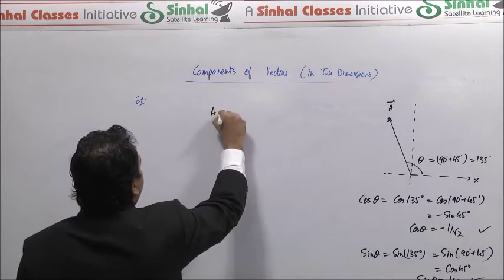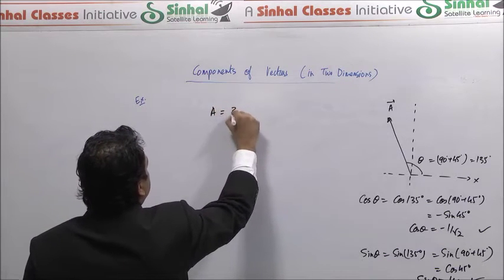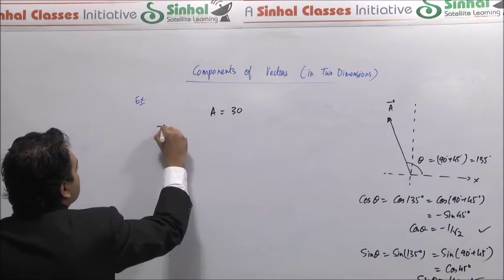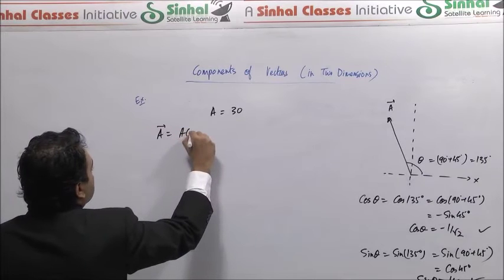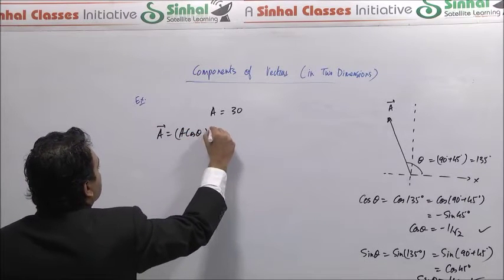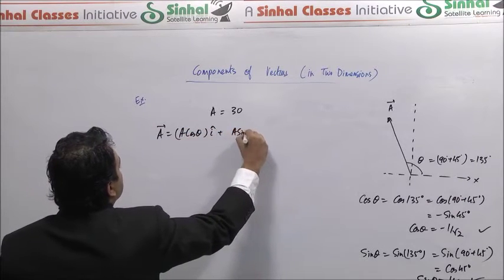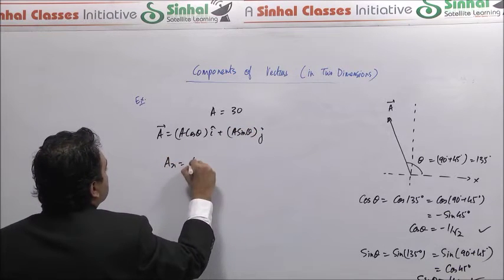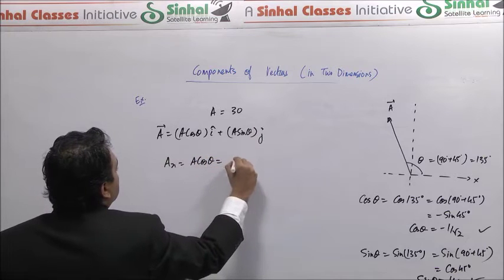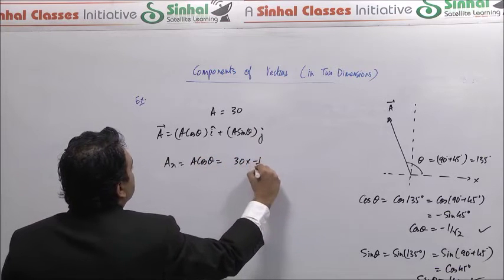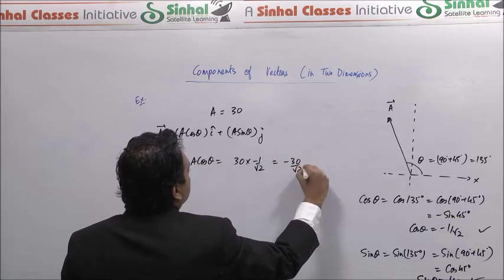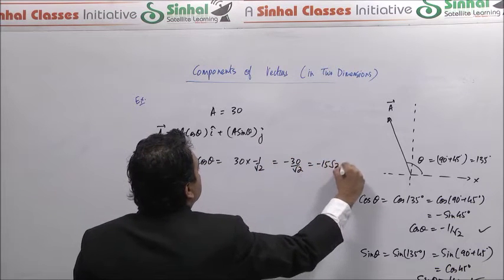So once we have found cos theta and sine theta, the next thing we can see is that, given mod A was 30, and we've got sine theta and cos theta, the vector A can be expressed as A cos theta i cap plus A sine theta j cap, where AX is A cos theta, so that is 30 into minus 1 by root 2, so that is minus 30 by root 2, or minus 15 root 2 units.